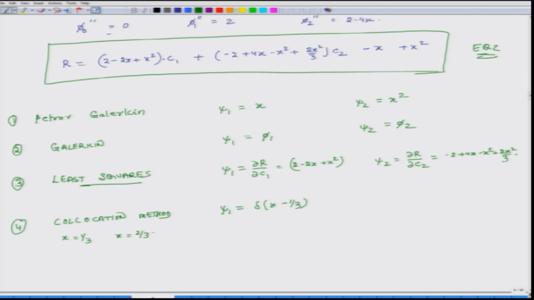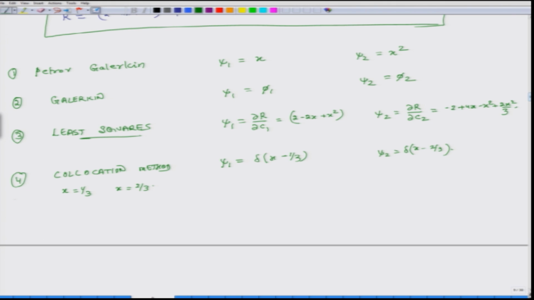Okay. So, in a domain of 0 to 1, these 2 points are the places where residue is 0, and all the points in the domain are equally spaced, but I can pick some other points also. So, this is the Dirac delta at x equals 1 by 3 and the other one is the Dirac delta at x equals 2 by 3. Okay. So, these are different weight functions, and the choice of weight functions depends on different flavors of weighted residual method.